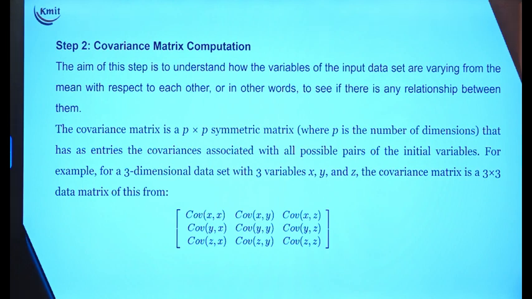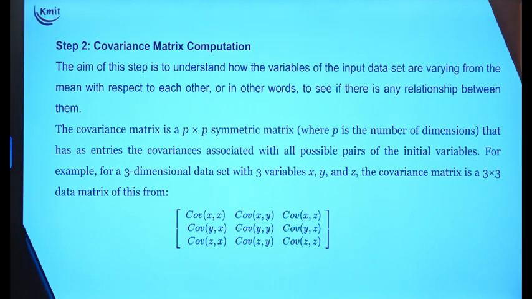Similarly, we'll do it for a 2D matrix as well. Now, since the covariance of a variable with itself is its variance, when I talk about covariance of a comma a, that would be variance of a. So that would be in the main diagonal. So we actually have the variances of each initial variable.